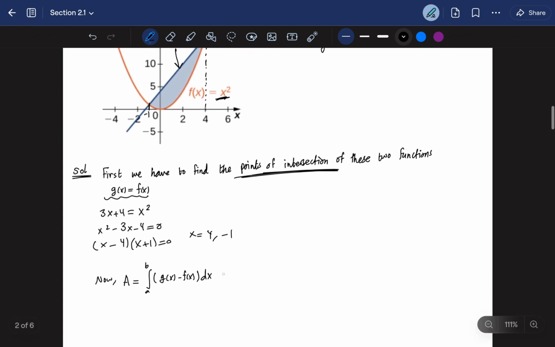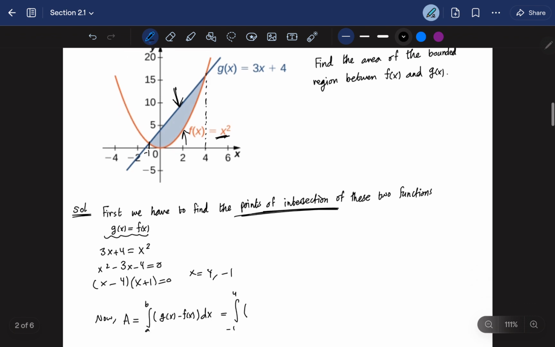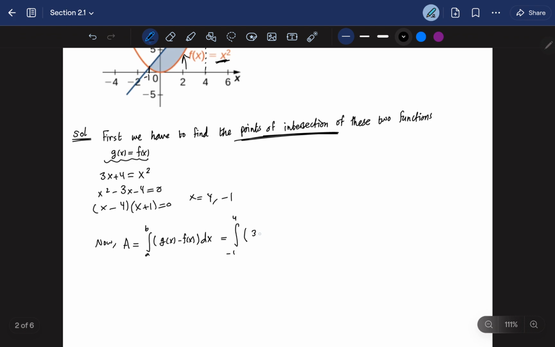So now the area would be just the integral from negative 1 to 4, then upper function, which is my g, minus lower function, which is my f. So that would be 3x plus 4 minus x squared, and you integrate normally. So that would be just 3x squared over 2 plus 4x minus x cubed over 3 from negative 1 up to 4.